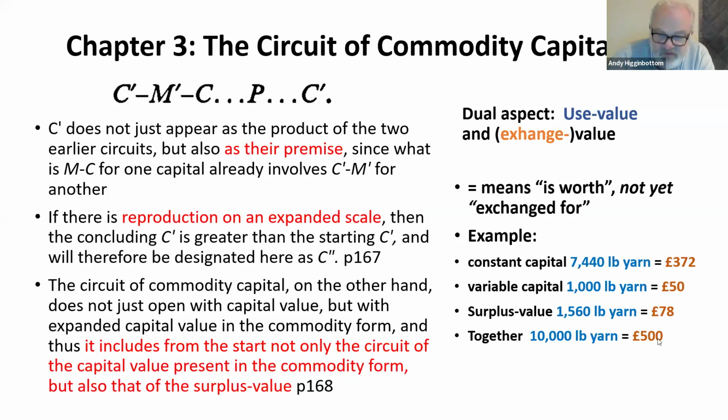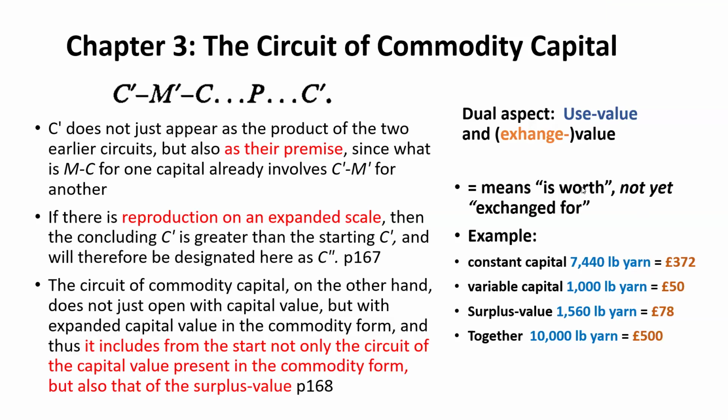It's still worth 500 pounds, but to actually realize the 500 pounds, it will need to be sold. But it's in a sellable state. It's got a price tag on it. So the money form is present in the ideal form of a price tag. And this is exactly a repeat of what he was saying in volume 1, but now explicitly in a capitalistic context.